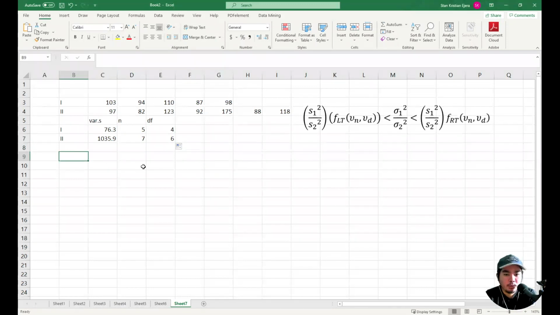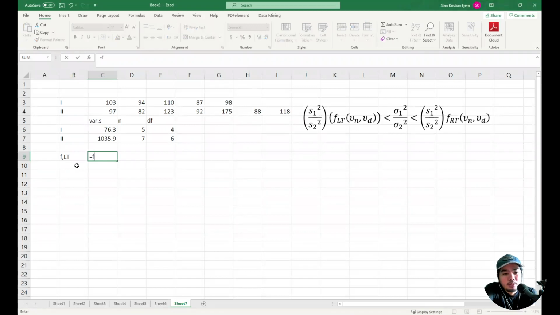Okay. So, let's compute for F left tail. F left tail is equal to F.INV. Again, we always use F.INV if we are looking for the x-axis value given a certain probability. So, F.INV, the probability is on the left side. Is this 90%?